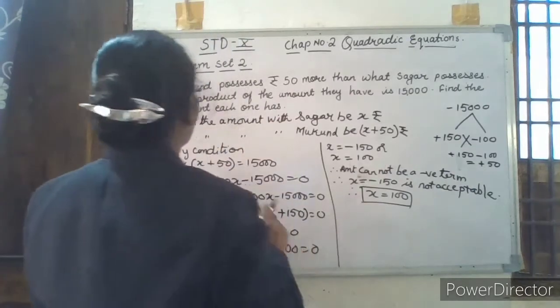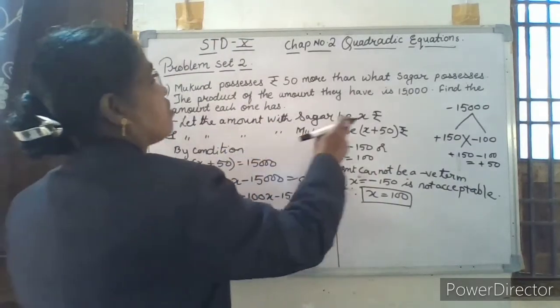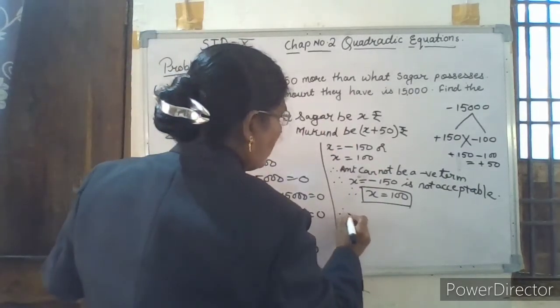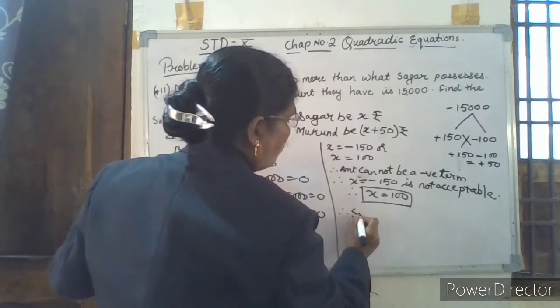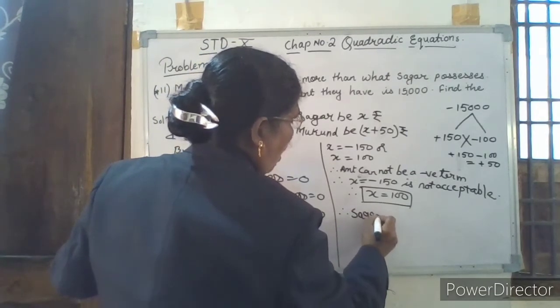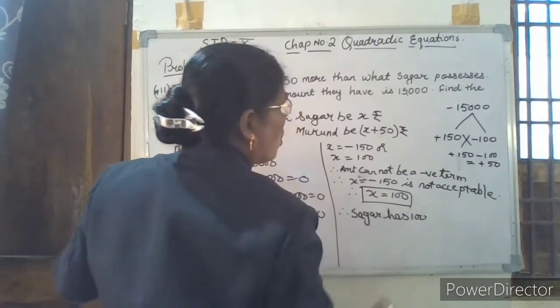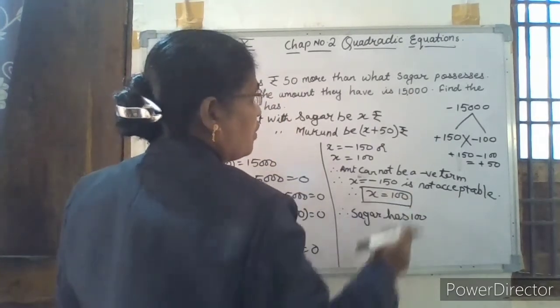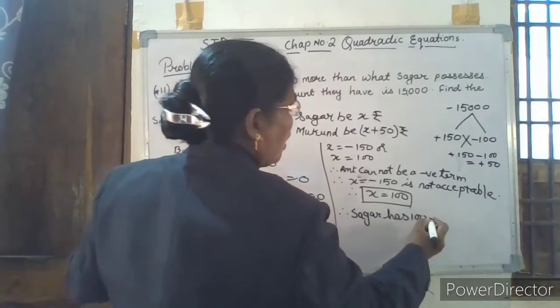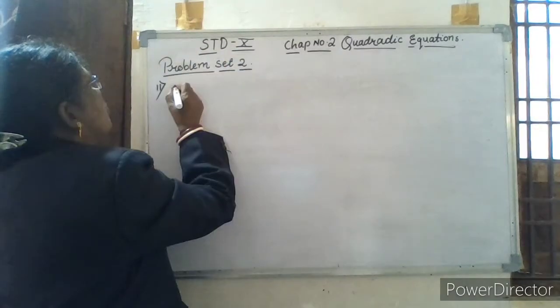Now what is x? x is the amount Sagar has. Therefore Sagar has 100. x is equal to 100. Therefore Sagar has 100 rupees.